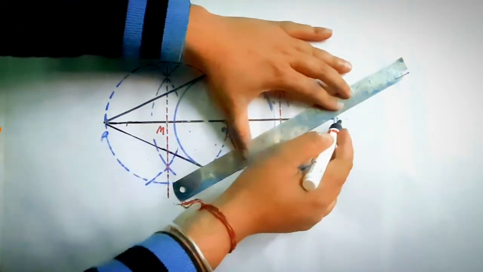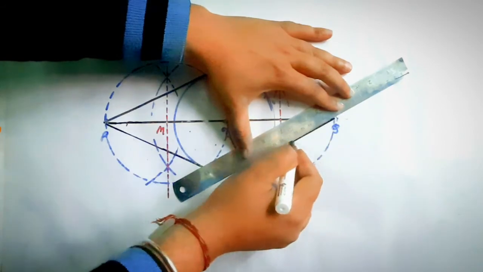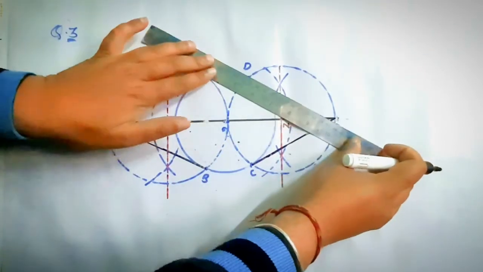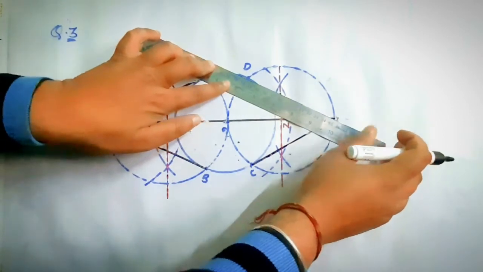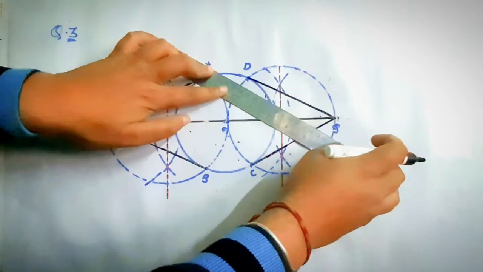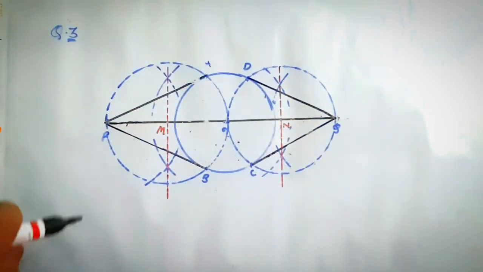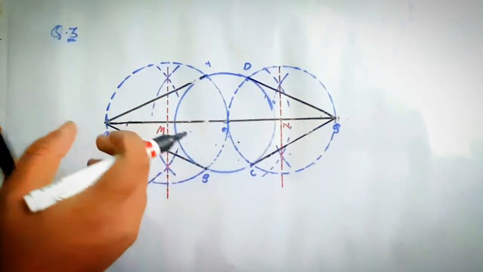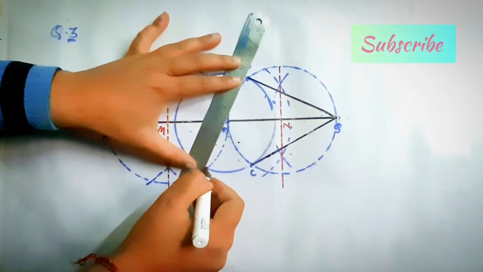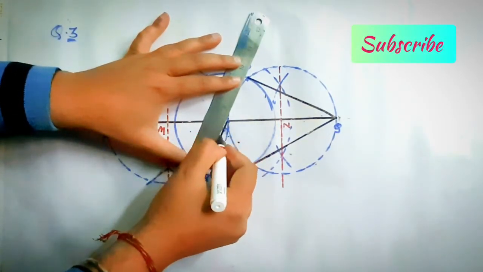Similarly, join C with Q as well as D with Q. So these will be tangents from external points P and Q. Join all the points of contact with the center.